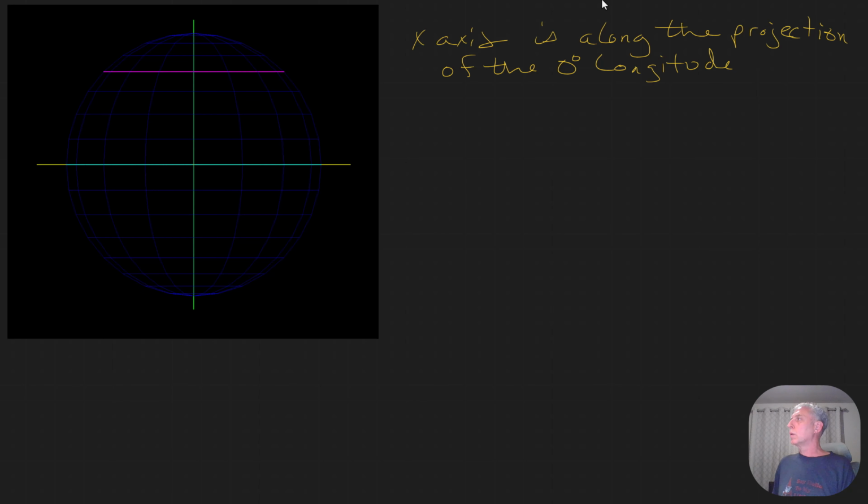So first of all, we note that the x-axis is along the projection of the 0-degree longitude, or the Greenwich meridian, onto the equatorial plane.